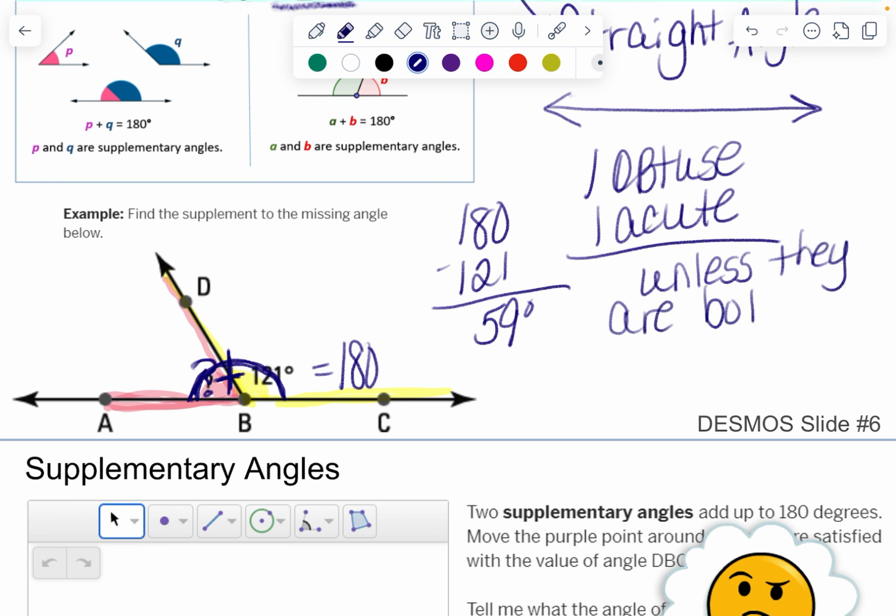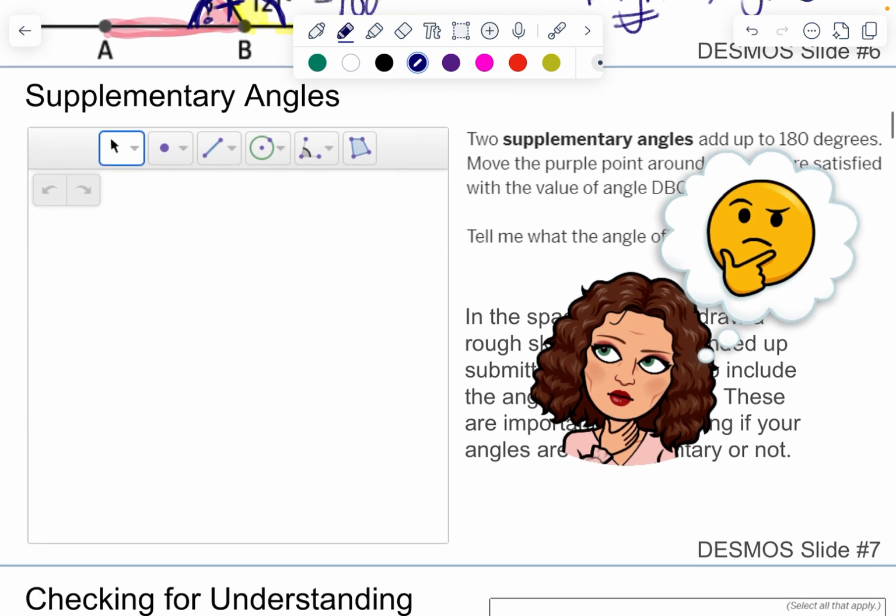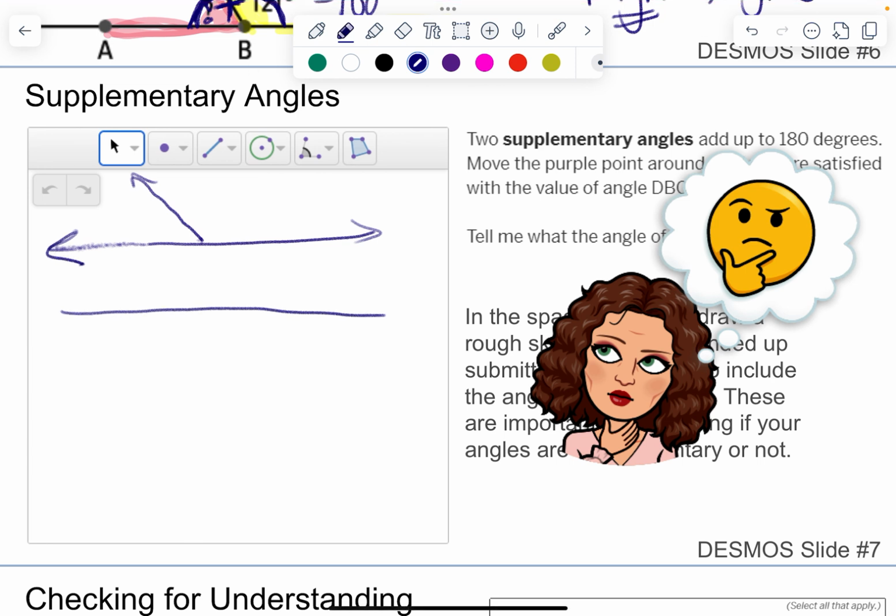Unless they are both right angles. So basically what you're going to have is, and I'm going to use this spot right over here, something that looks like this. We have an obtuse and an acute. Or you might have something that looks like this.